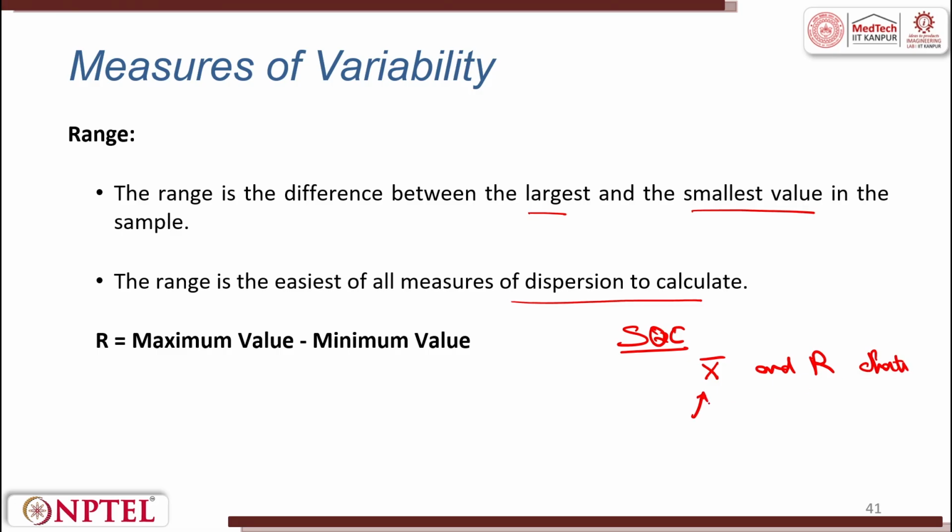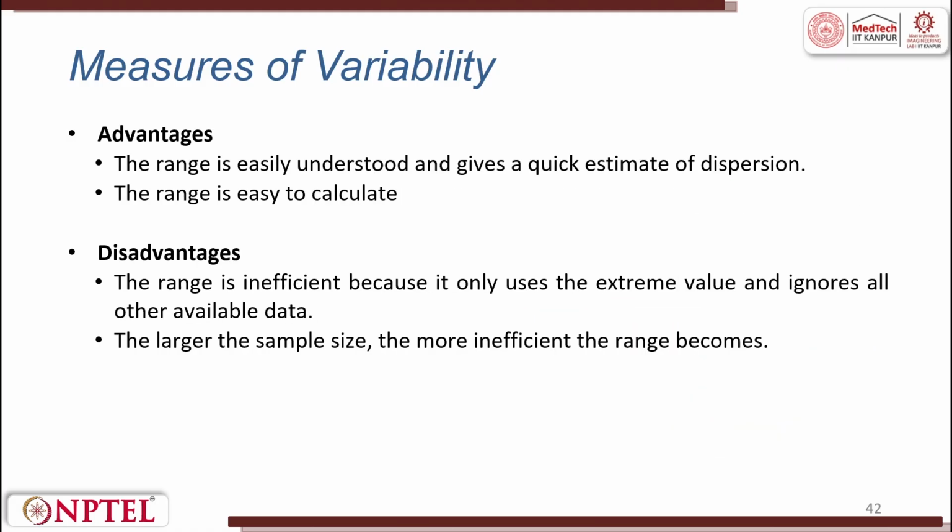Here X bar is the average or mean and R is the range. These are very important charts. What is the minimum value, what is the largest value, and what is the total difference, the overall spread of the data. So this is one of the measures taken for variability.